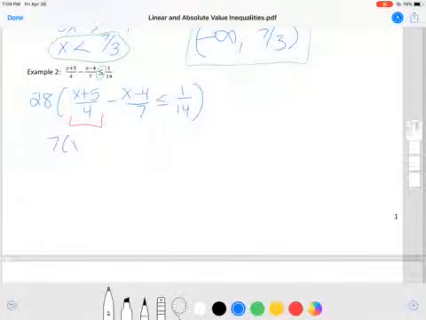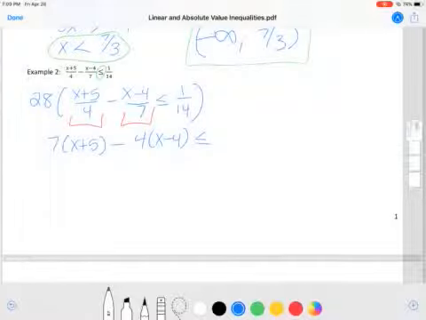So I have 7 times x plus 5. When I look at the next term, the 7 goes into the 28 and I'm left with a 4. So I'm left with 4 times x minus 4.